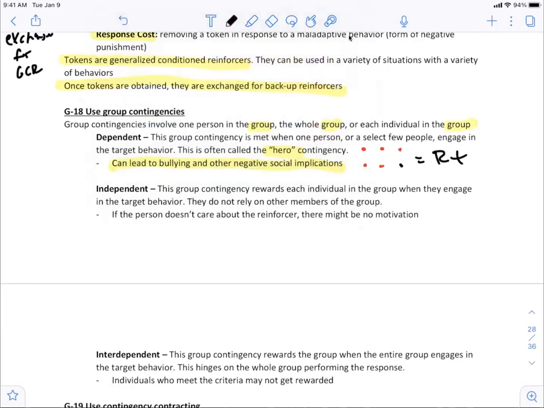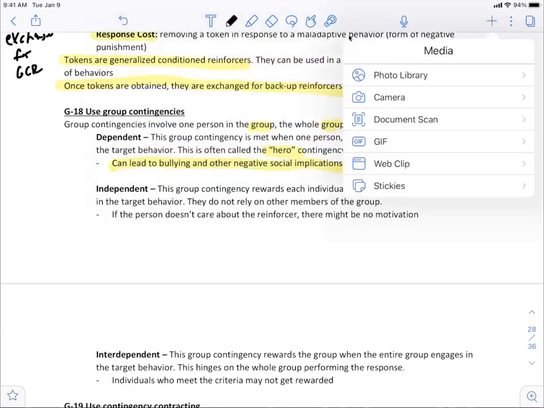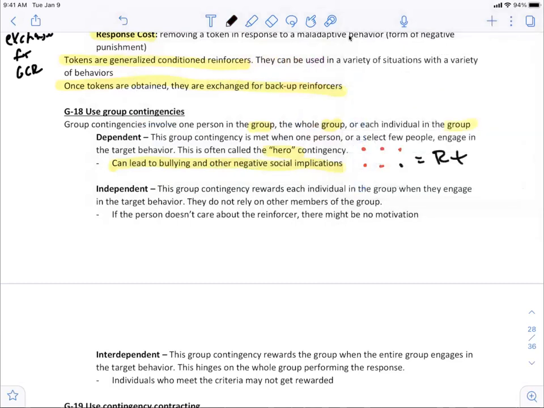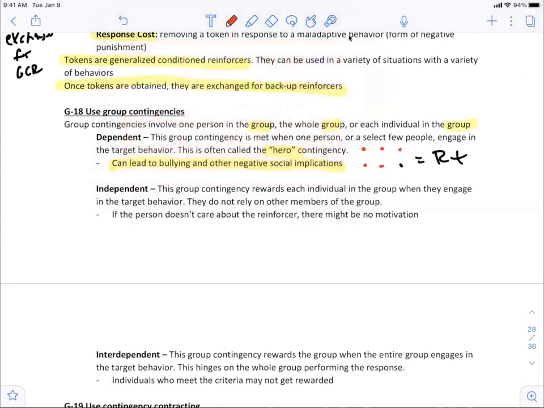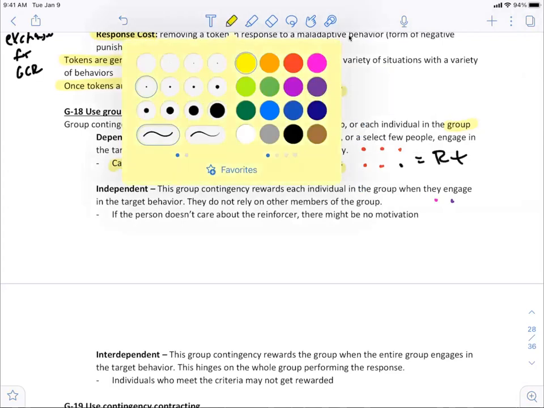reinforcement, the hero. Independent, the group contingency rewards each individual in the group when they engage in the target behavior. They do not rely on other members of the group. So each person is responsible for their own well-being. So in that case, the group might look like this. Okay, everybody is their own person.